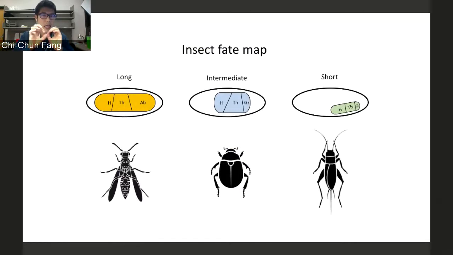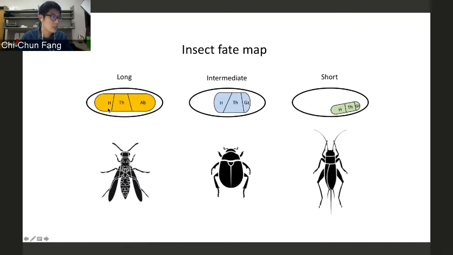We call it the insect fate map, okay. Here represents 3 types of the embryo: long, intermediate, and short. The colored part is the germ-band, which will become a future embryo, a future larva, okay.